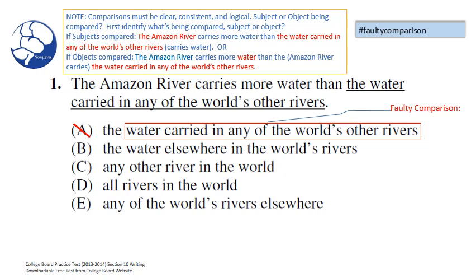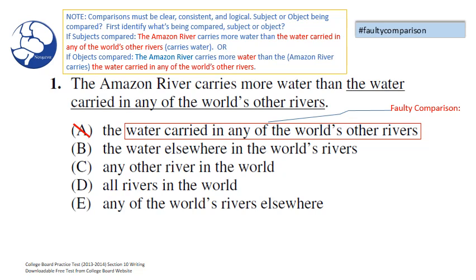I know that's a mouthful, but that's what this sentence actually means, if the subjects were to be compared. Now, if the objects were to be compared, then the sentence would be something like this. The Amazon River carries more water than the Amazon River carries the water carried in any of the world's other rivers. What's in the parentheses is what's been taken out or implied.